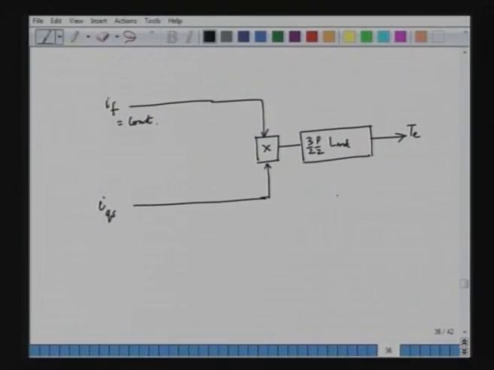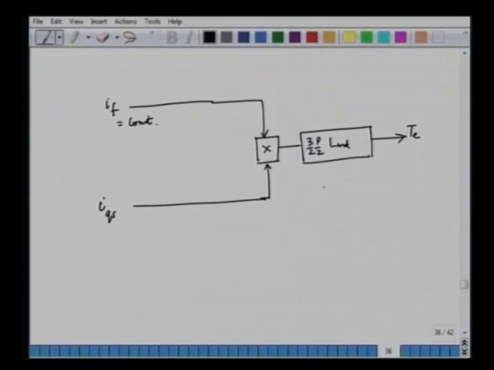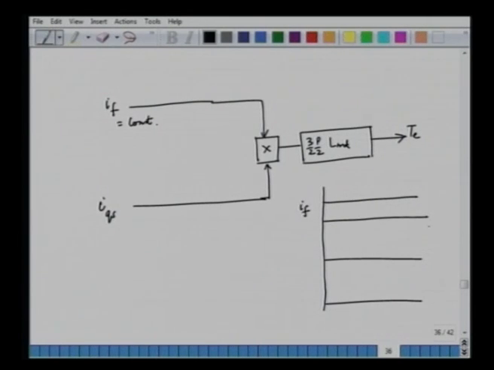If we show it in terms of a response, this is our control response. We keep IF constant, time is on the x axis, and if we change IQS in a step, the torque will also change instantaneously.